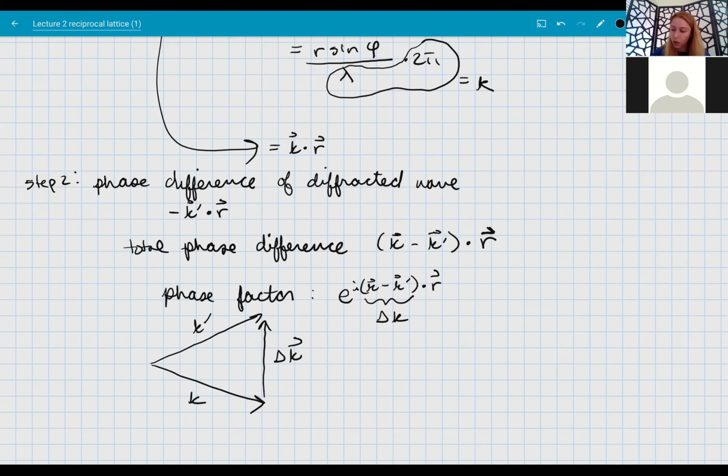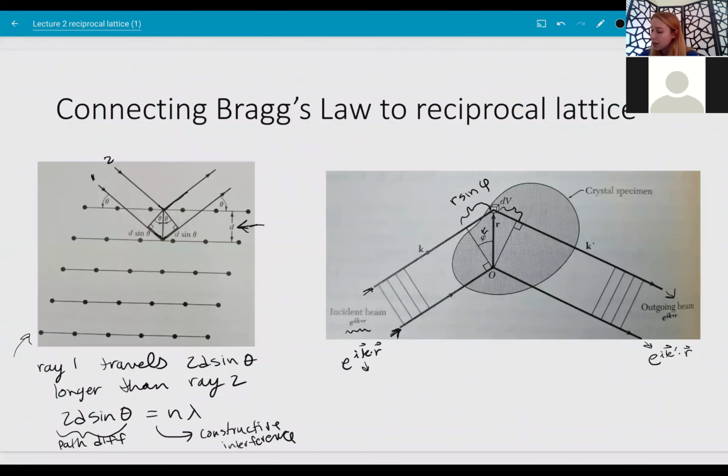Good. So now what we're going to do is account for the fact that we are not just comparing 2 points. There is an entire array of scatterers.